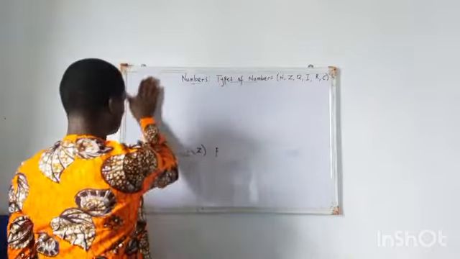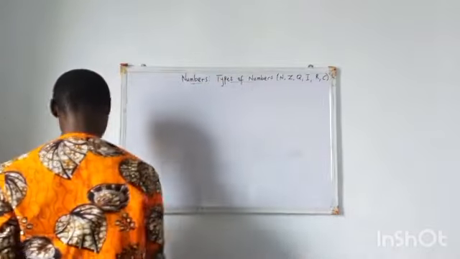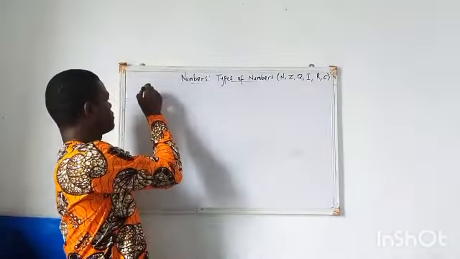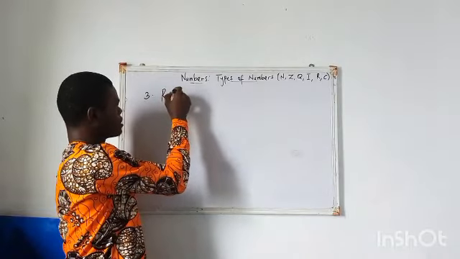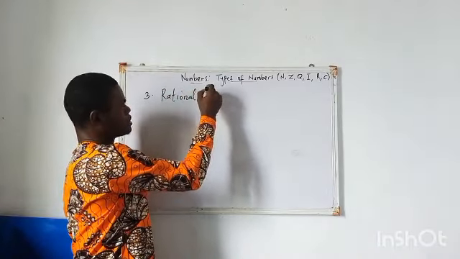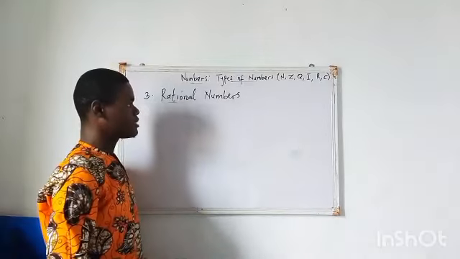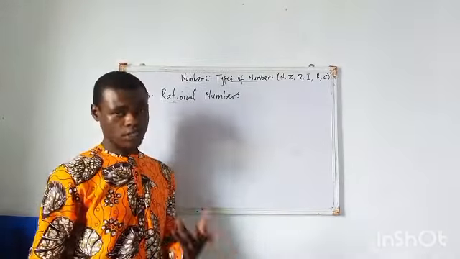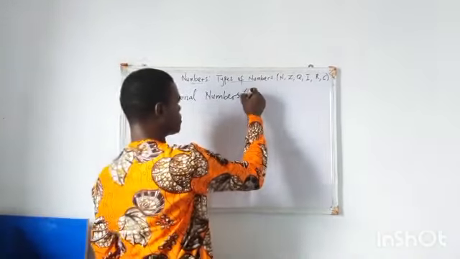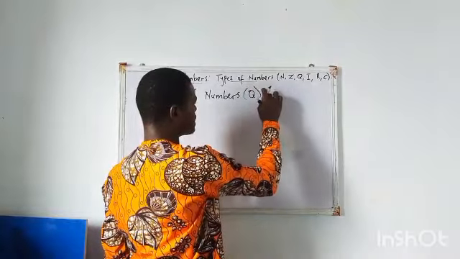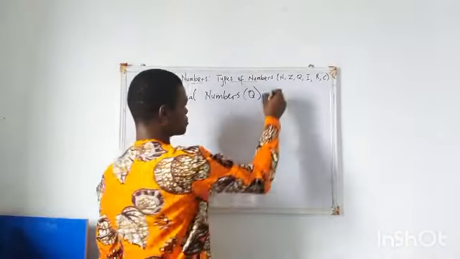Q. The number represented with the letter Q is called a rational number. Number 3, you have rational numbers. Now, rational numbers, from the word ratio, it already tells you that it has to do with fractions. So rational numbers, symbol is Q, are those numbers that you can express as a fraction.